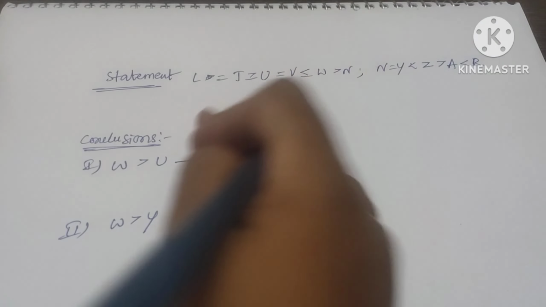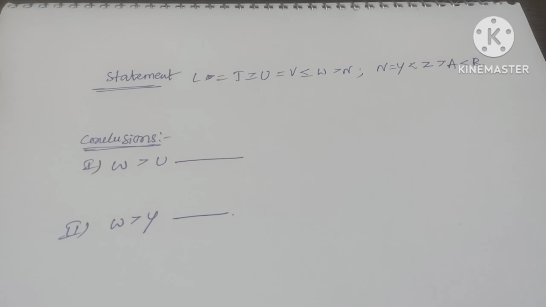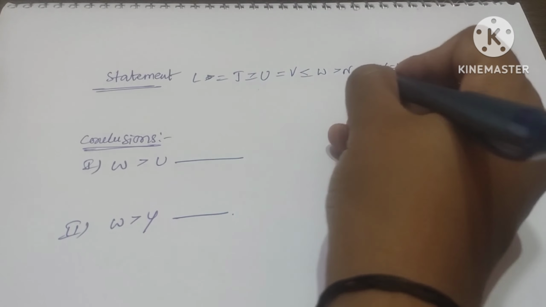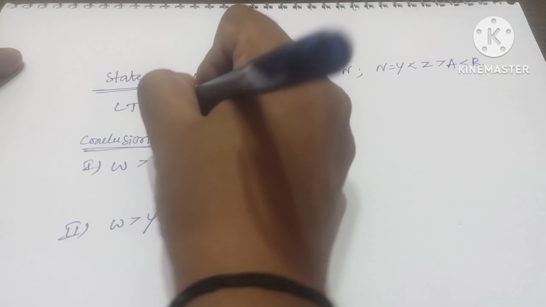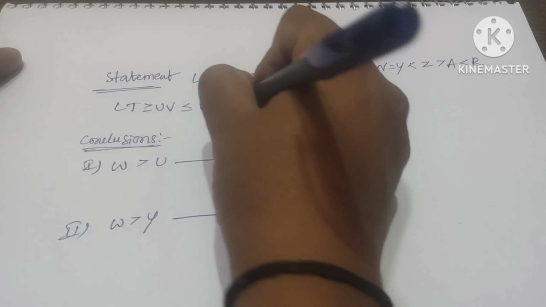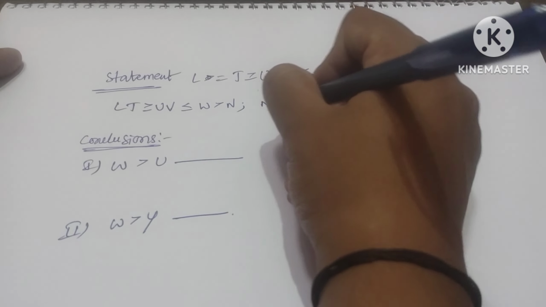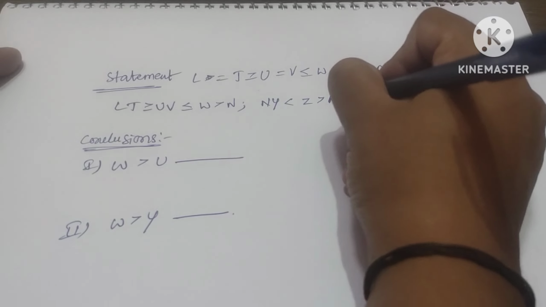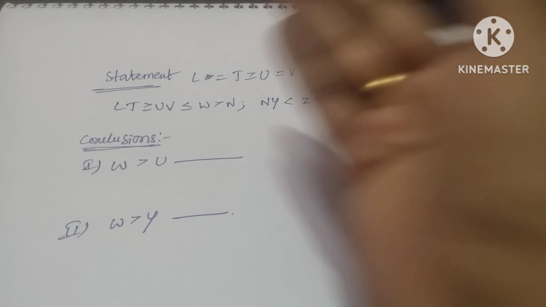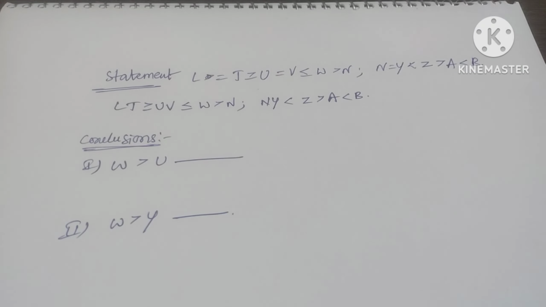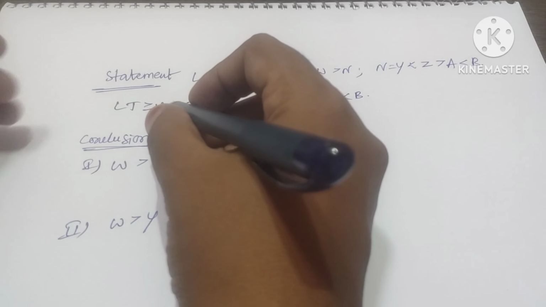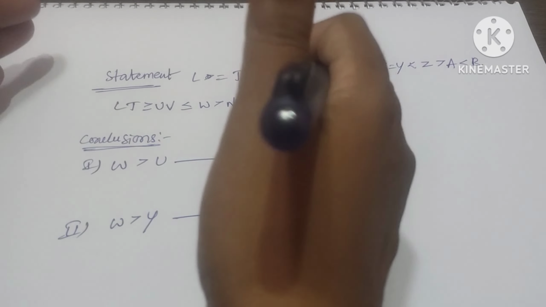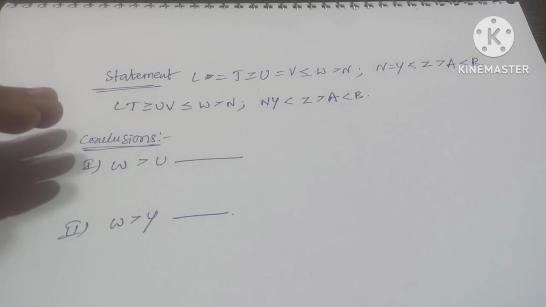This is the statement and these are the conclusions. Now we have to write this equation without the equals to symbol. These are the equations without the equals to symbol. Now what is the conclusion here? W and U. Both W and U are in a single statement, so no need to go to the second statement.